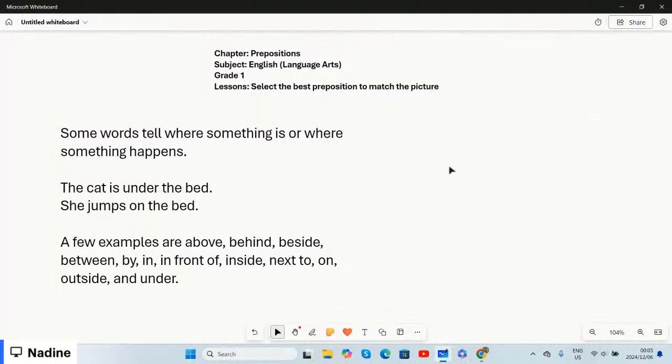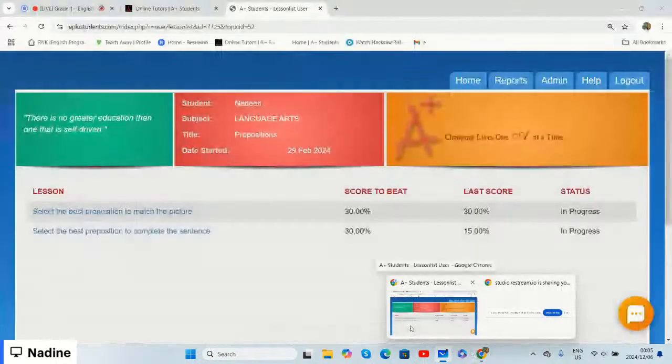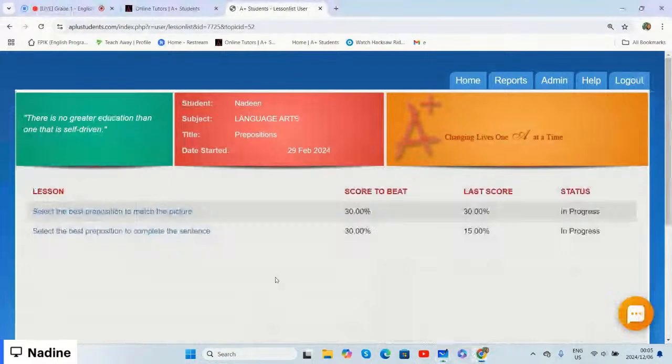We're doing grade 1. And then we're going to scroll down until we get to our chapter of prepositions.